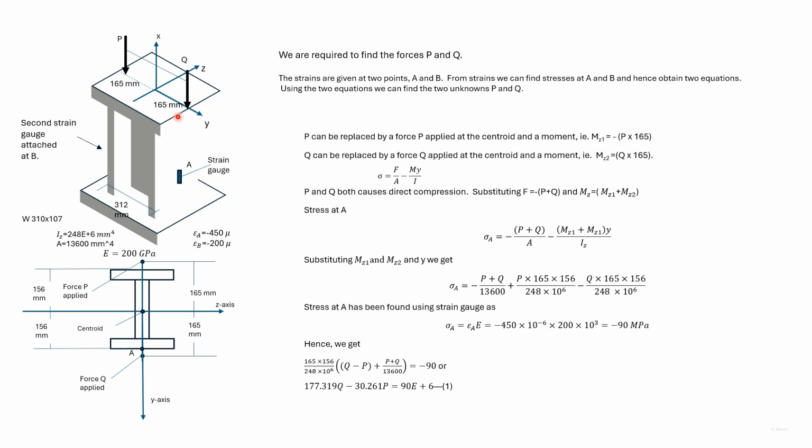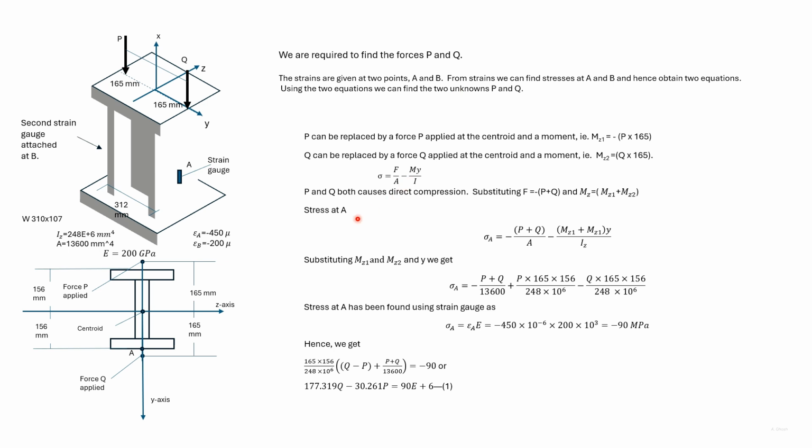Here the force acting is compressive at the centroid, both due to P and Q. So F can be written as minus bracket P plus Q. At this stage, we don't know the sign of the moment. It can be positive or negative. So the moment is written as mz equal to mz1 plus mz2.